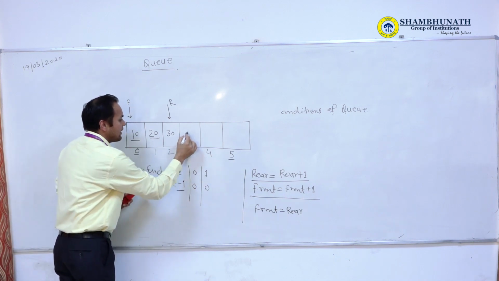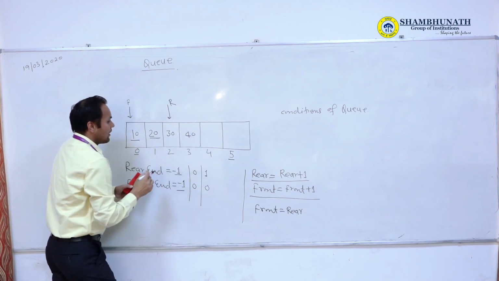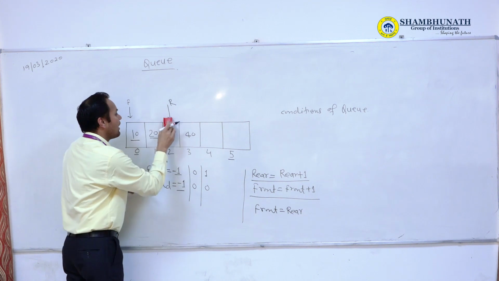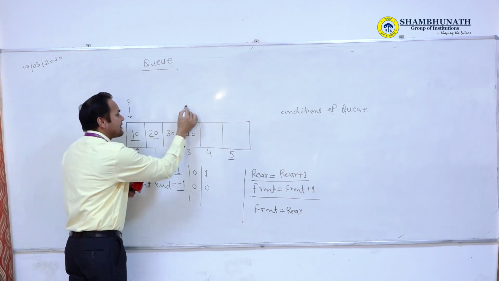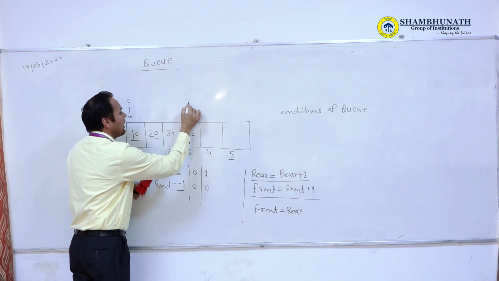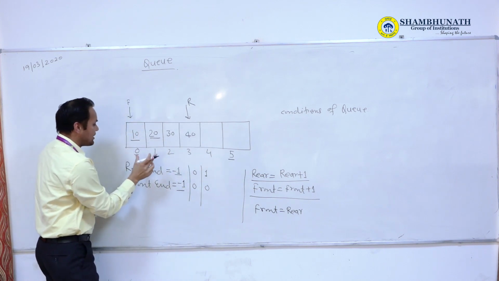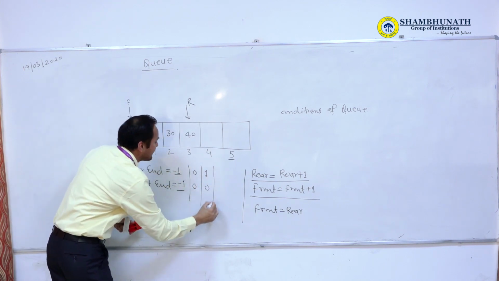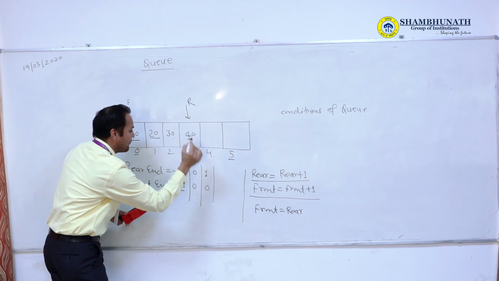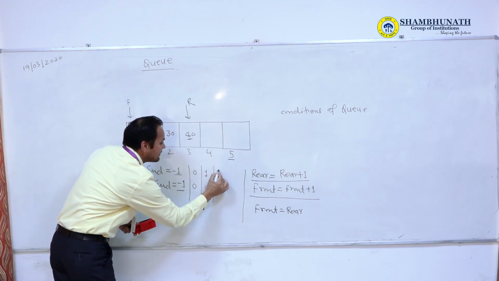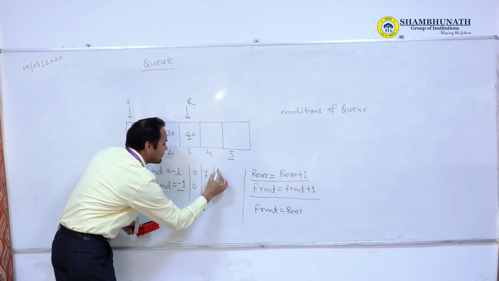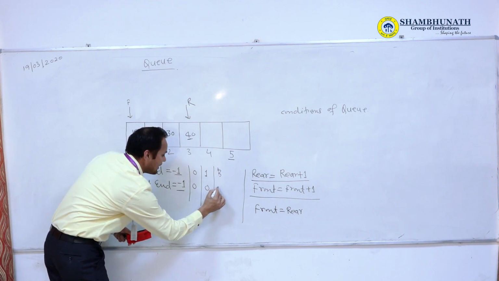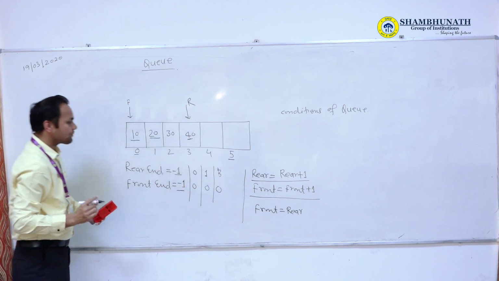And the data element like 40. R will again increase by 1. R is here. The positions of front and rear after inserting the element 40: R is 3 and front indicates 0.